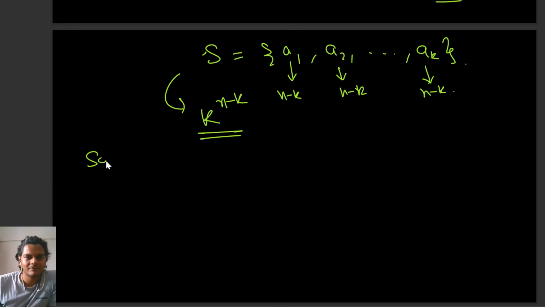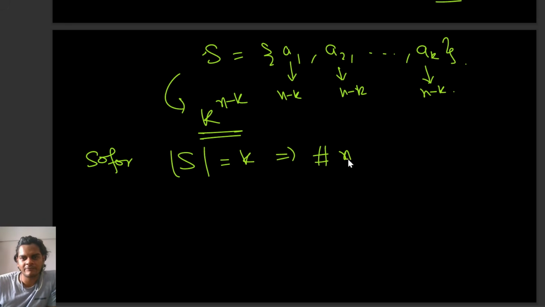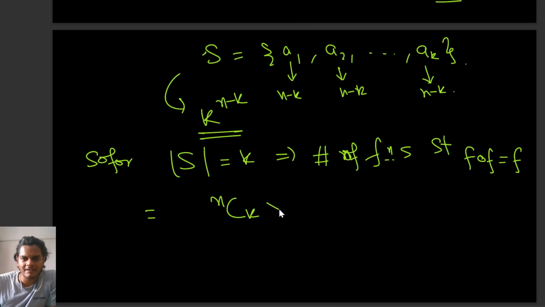So for this cardinality of S being equal to k, we will have the number of functions such that f of f is equal to f equal to nCk into k power n minus k, right?